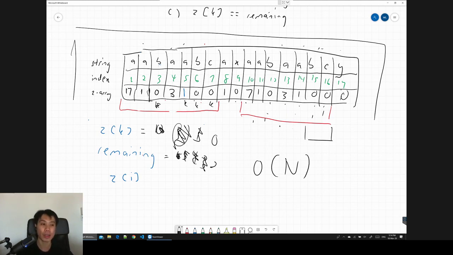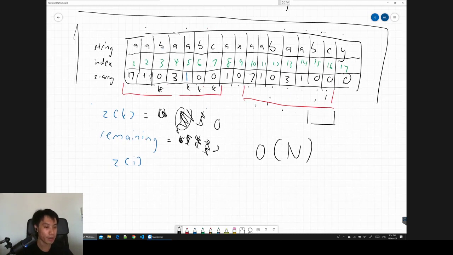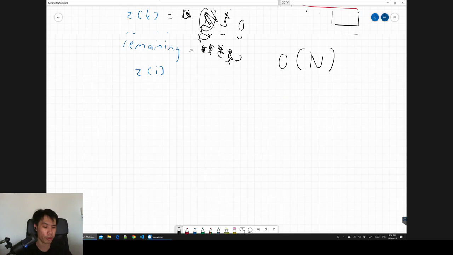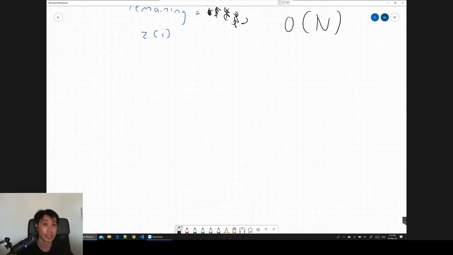And if case 1 doesn't generate a box, I terminate, because if the alphabet is not the same, I just move to the next character and compare. So the entire process will give me a complexity of O of N, which is really nice, really fast and efficient. Hopefully you have understood case 1 and case 2A. Let us move on to case 2B and 2C.